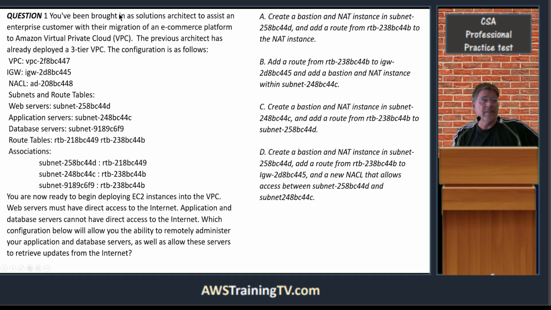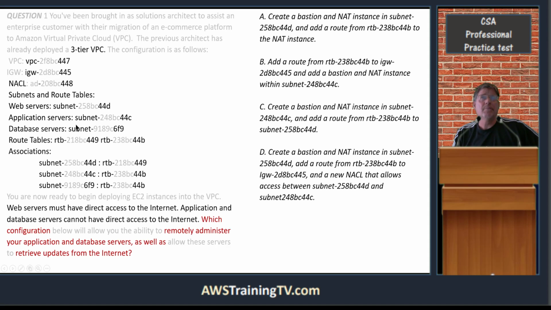As you can see, it's the same question here, and we have all these configurations laid out, all these different numbers. If we focus down on what's important, what is it? It's a three-tier VPC. Okay, it's VPC 447, IGW 445, the NACL is 448, and then we have several subnets.